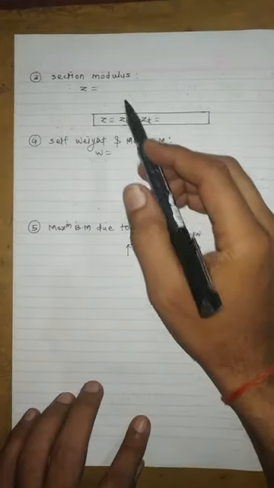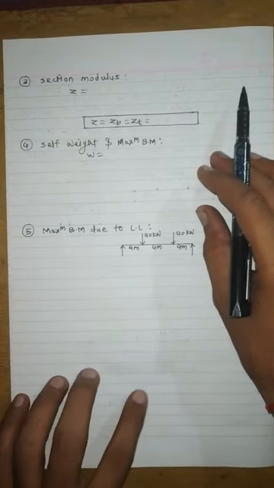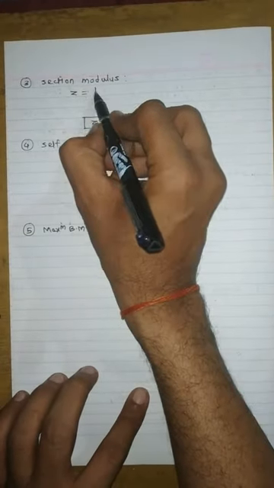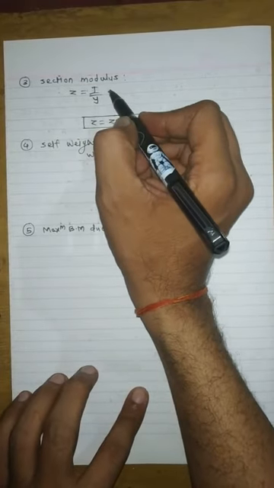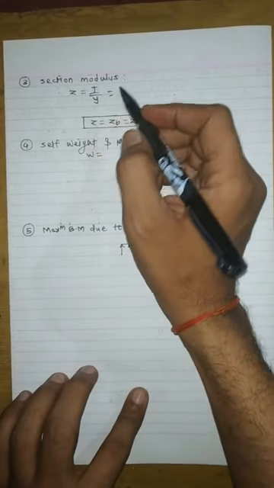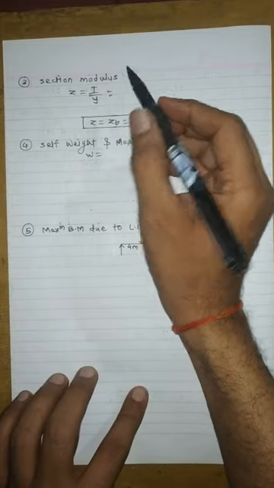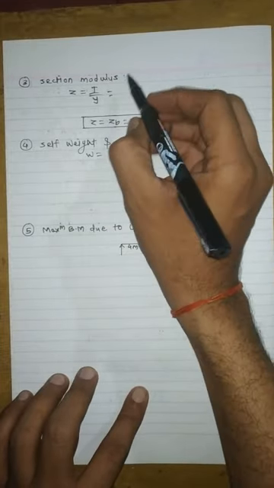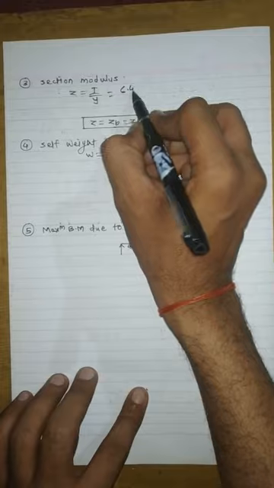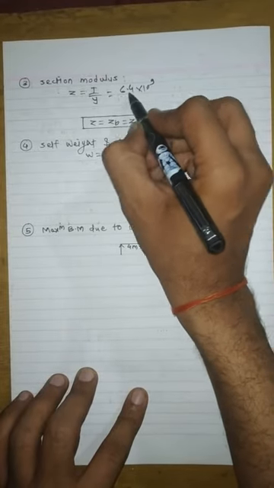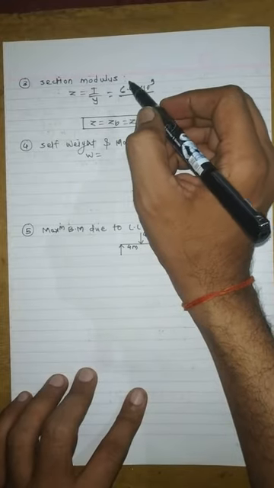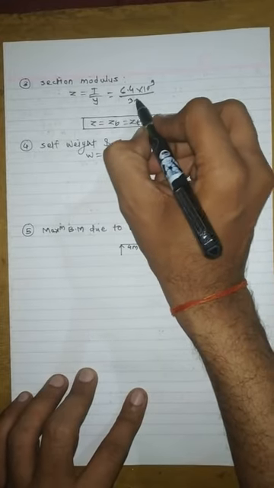So step number 3, section modulus. We know section modulus is the ratio of moment of inertia, that is I, divided by y, that is distance from extreme fiber, or the depth of neutral axis. So here I equal to 6.4 into 10 to the power 9, which is already found in step 2, divided by y, meaning depth of neutral axis, which is 325.